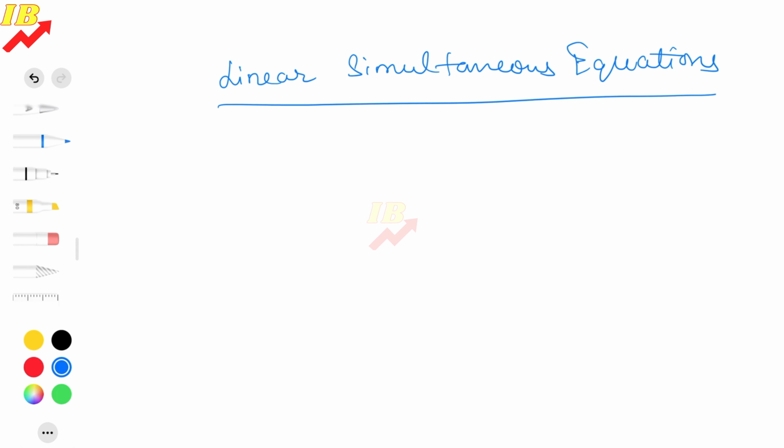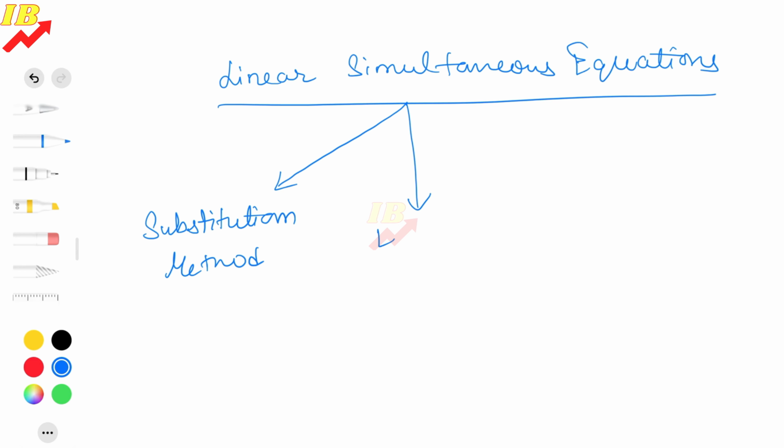But when you see two linear equations or three linear equations, there are certain methods of solving them. One of the methods which we use for solving simultaneous equations is called the substitution method. Another method is called the elimination method.